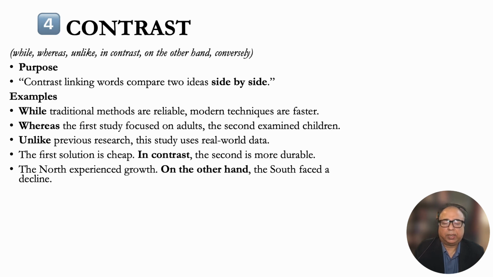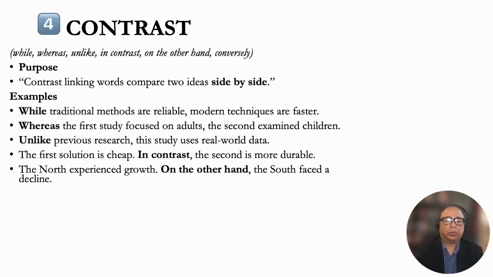Contrast. Okay, this is also a linking word. There are phrases: while, whereas, unlike, in contrast, on the other hand, and conversely. All right, what is the purpose? We show contrast, two ideas side by side, right? But they're not similar.